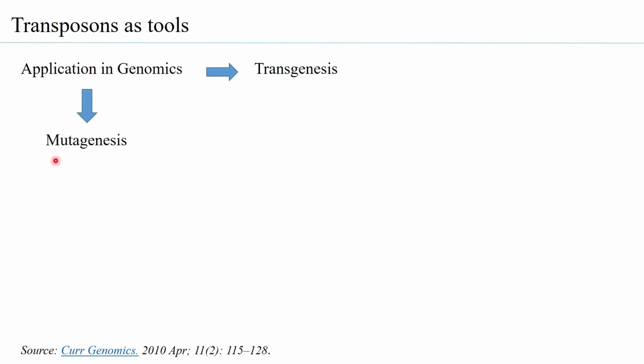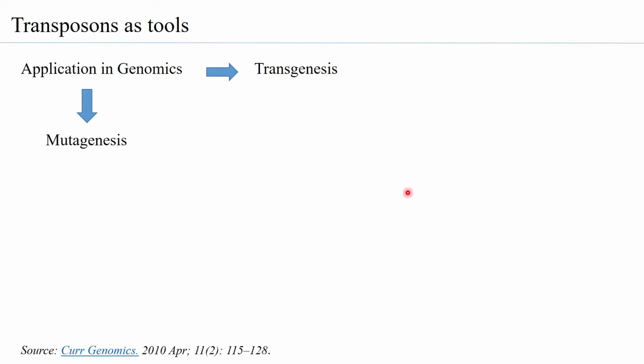It has also been used to carry out mutagenesis, in fact insertional mutagenesis, and this has helped understand a lot of different pathways involved in various diseases, in embryogenic development, regulation of gene expression, and so on and so forth.